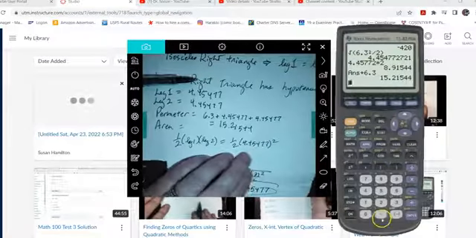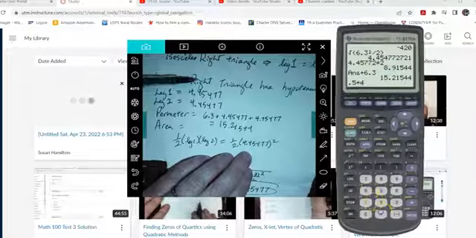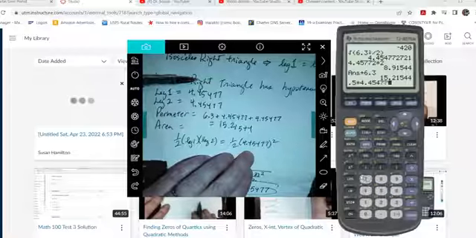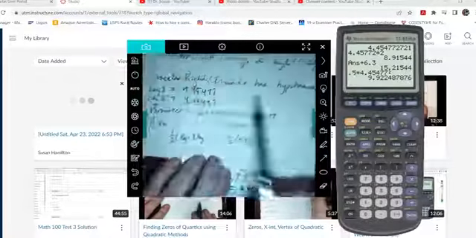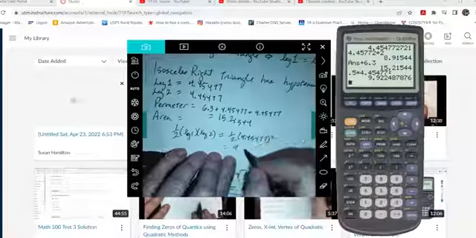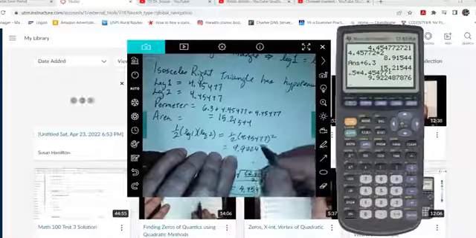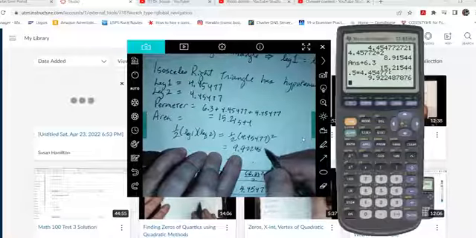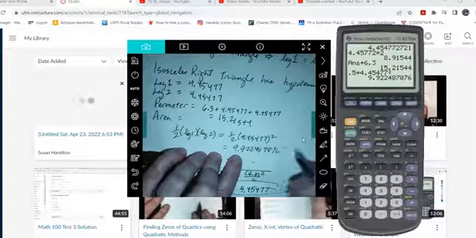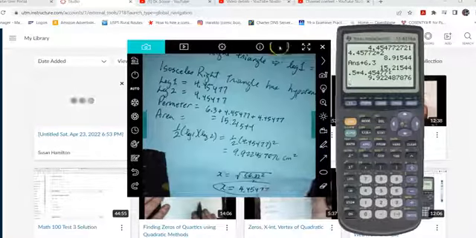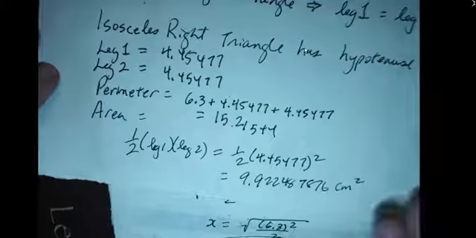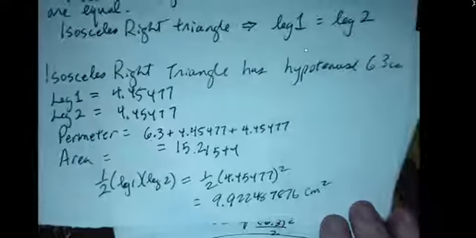So I'm going to have 1/2 times 4.45477 squared. And so the area would be 9.922487876 centimeters squared. So areas are in square units and perimeters are just in the regular units.